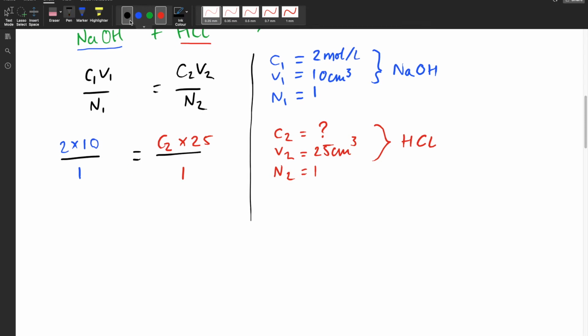So let's figure out all the things we can first. 2 times 10 is 20, divided by 1 is 20, so that would be 20 there. In fact, I'm going to change that to be blue. And we know that C2 times 25, we can't figure that out yet, but all of that divided by 1 will still be C2 times 25.